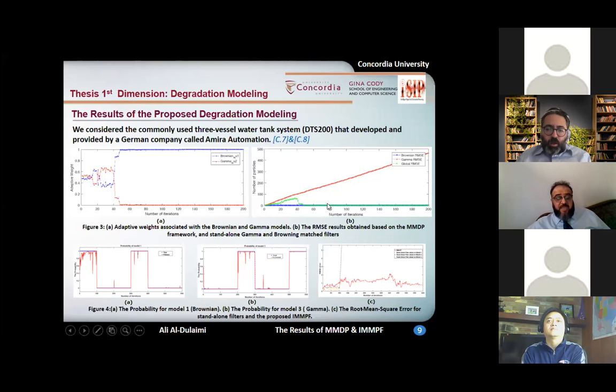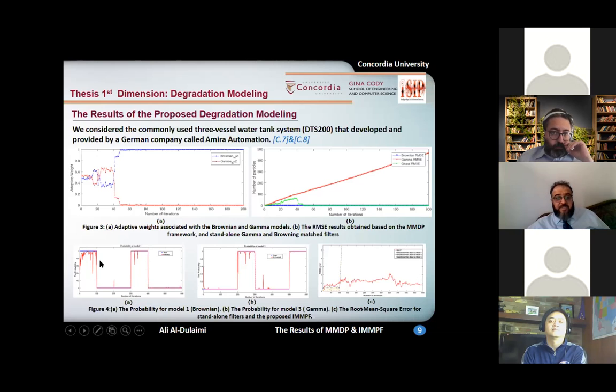The same here for the RMSE, where with the proposed model the Brownian, which is the true path here, the error converges to 0, while the other one, the gamma one, which is not the true one, continues to increase. For the second approach, we have three degradation paths.